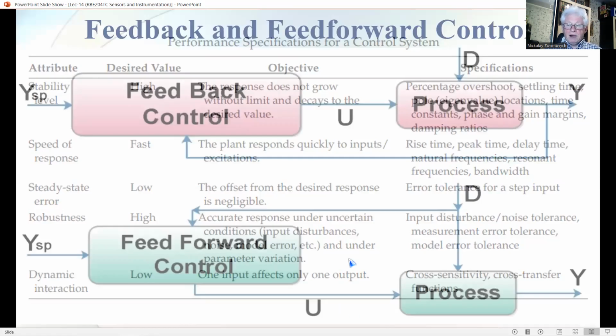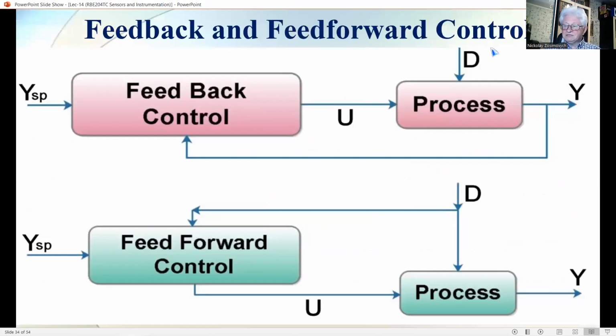As seen before, in a feedback control system, the control loop has to be closed, where the system response is sensed and employed to generate the control signal. Hence, feedback control is also known as closed-loop control.